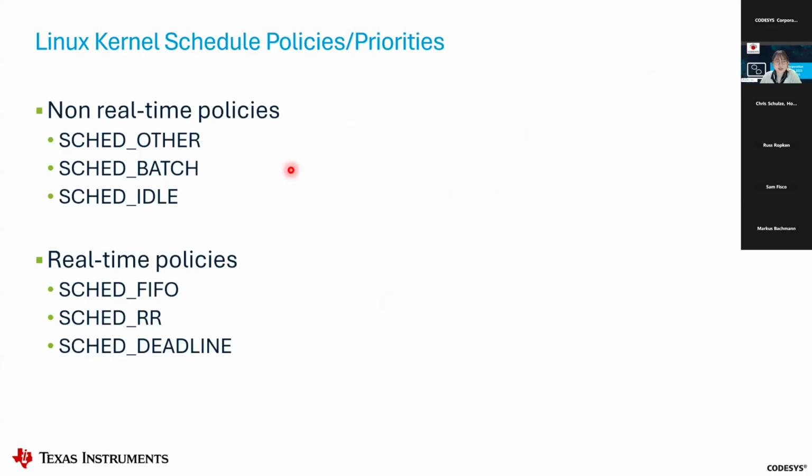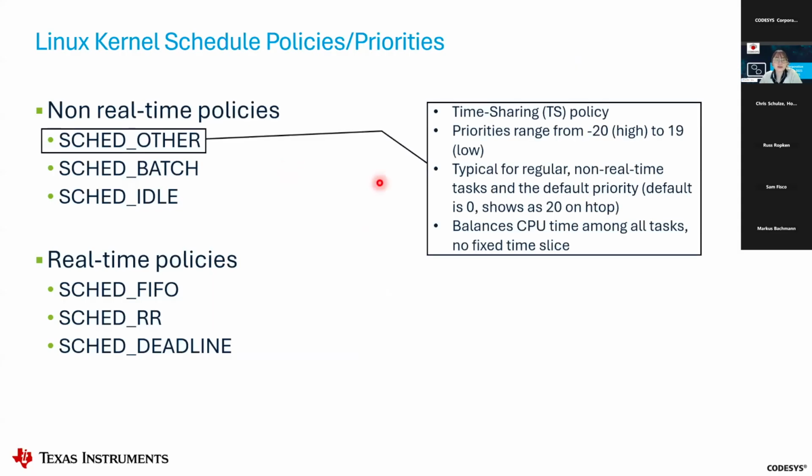So I mentioned non-real-time scheduling policies and real-time scheduling policies several times before. Essentially, what I wanted to bring up was that most of the processes that I observed, like CodeMeter Lin and ksoftirqd that I mentioned before, by default get initiated with the SCHED_OTHER policy, in other words, the time sharing policy, which is typically used for regular non-real-time tasks.